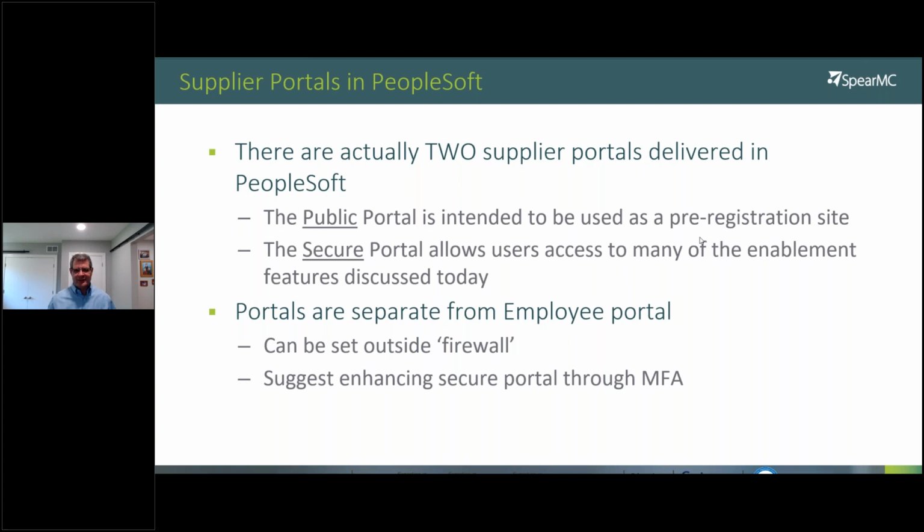I'll get into the details here in a slide or two. The secure portal then assumes that there's been a process through which the registration or the request has been approved. And now we have users that have access to the system. So they literally are logging on through the public portal into the secure portal.